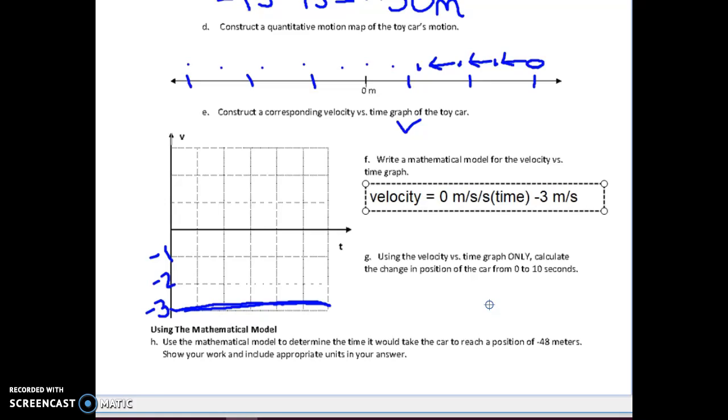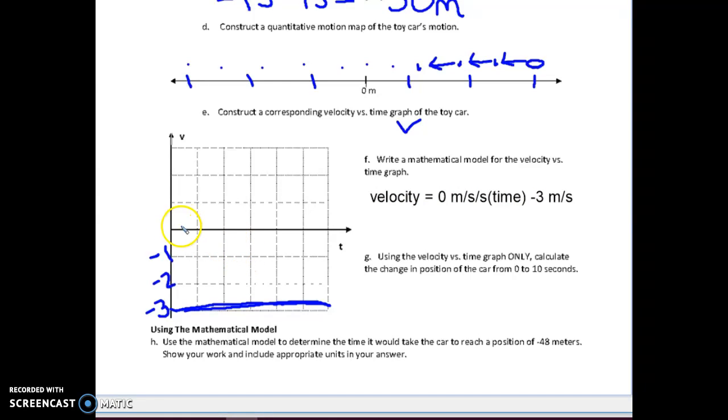Up next is, using my velocity versus time graph only, calculate the change in position of the car from time 0 to time 10 seconds. I'm going to change my marker color. If I say that this is 2, 4, 6, 8, 10 seconds, what I'm going to do is shade the area between my axis line and my graph line, so between 0 meters per second and negative 3 meters per second for the first 10 seconds.